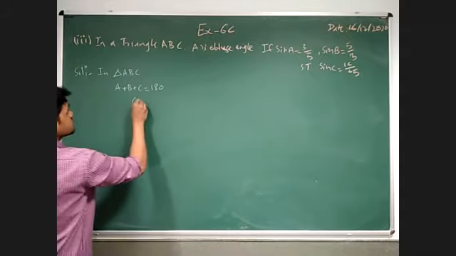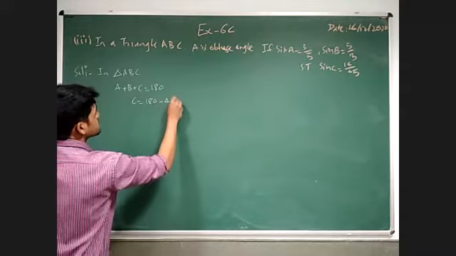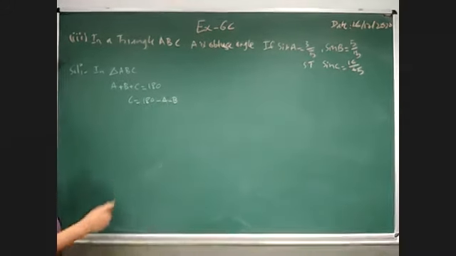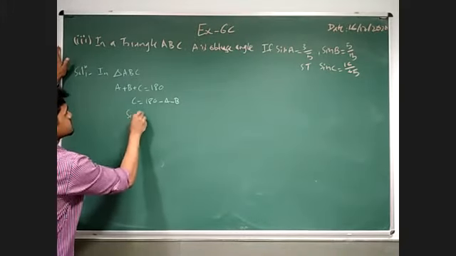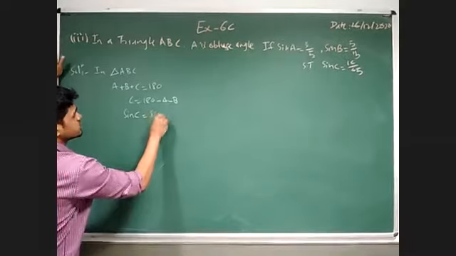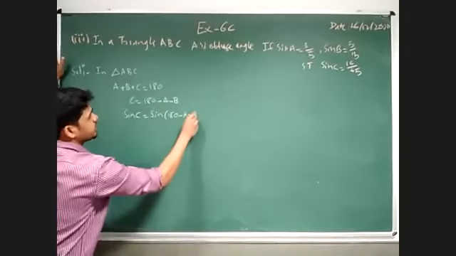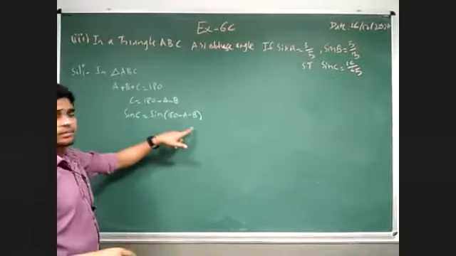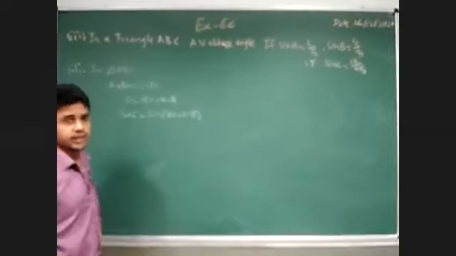So C is equal to 180 minus A minus B, right? Now if I apply sin on both sides, sin C is equal to sin(180 minus A minus B), right? I know sin(180 minus theta) will be sin theta.